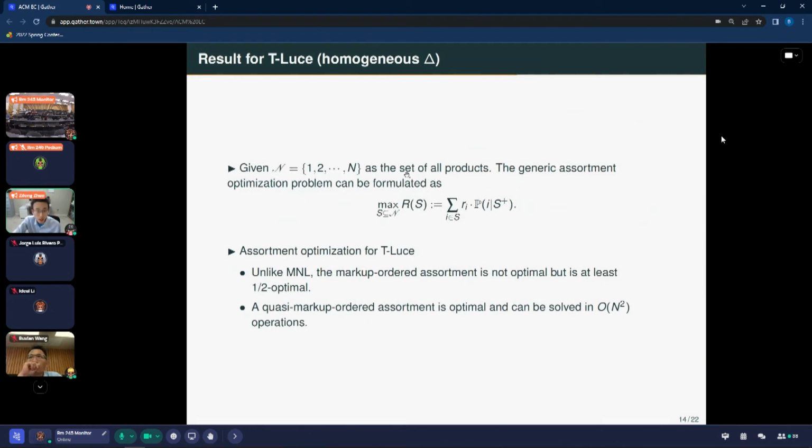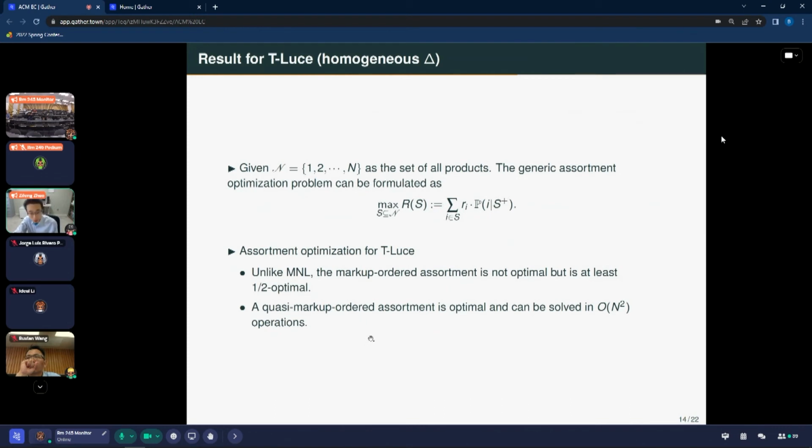Given a set of all the products N, I want to find a subset S within N that maximizes my expected revenue, where r_i is the markup, and this probability is the probability of choosing i given the offer set S. For the T-loose model, this P is the choice probability implied by the T-loose model. For the TML model, it is the one implied by the TML model.